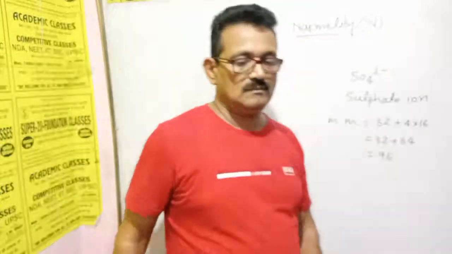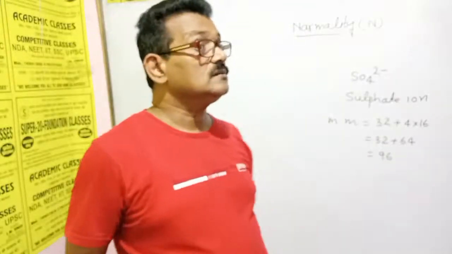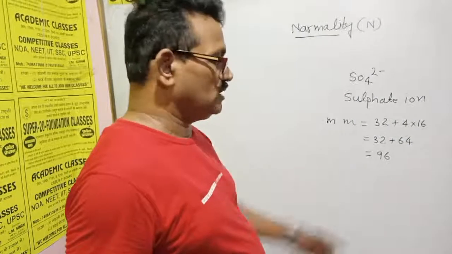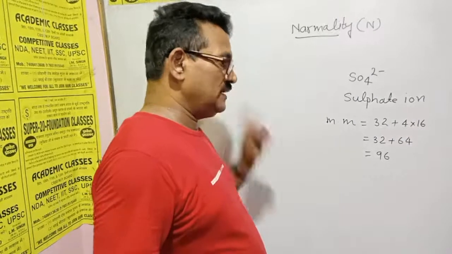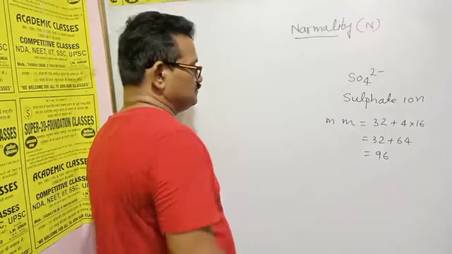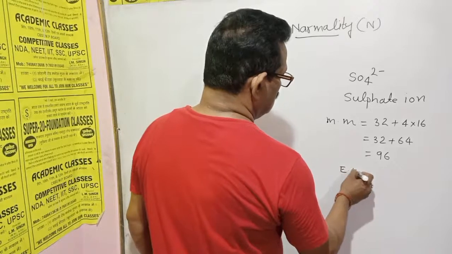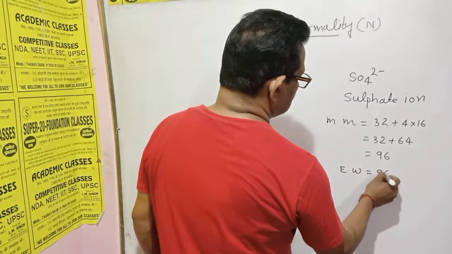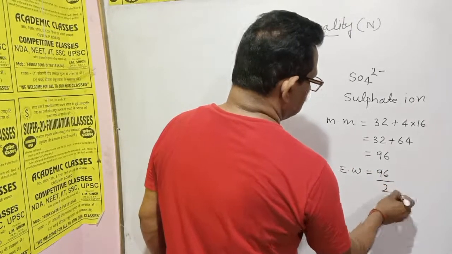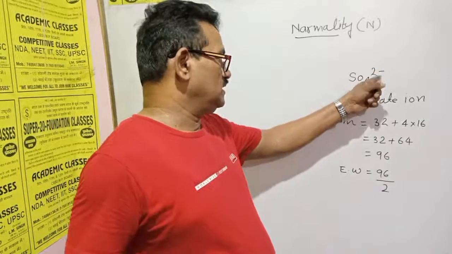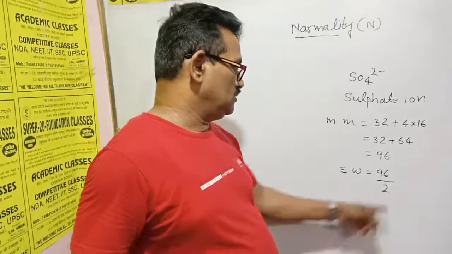96 here. Then you can also calculate the equivalent weight. 96, and you see the total charge of sulfate ion is 2 here, so you divide by 2.